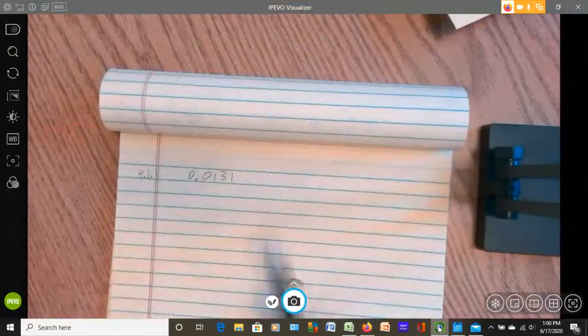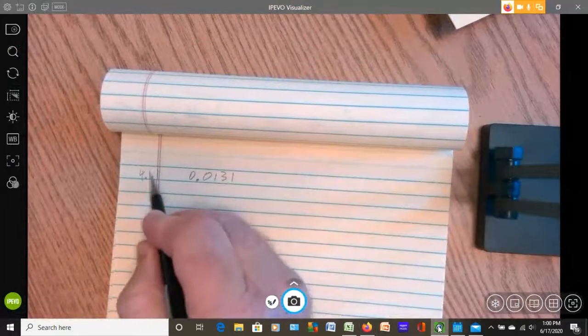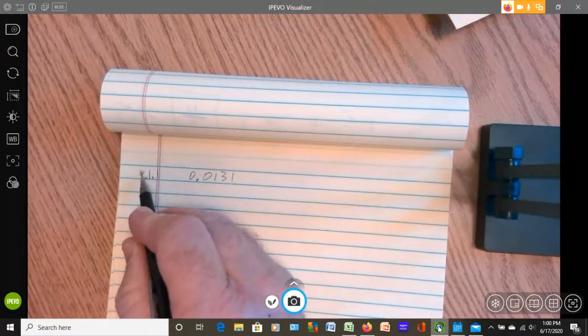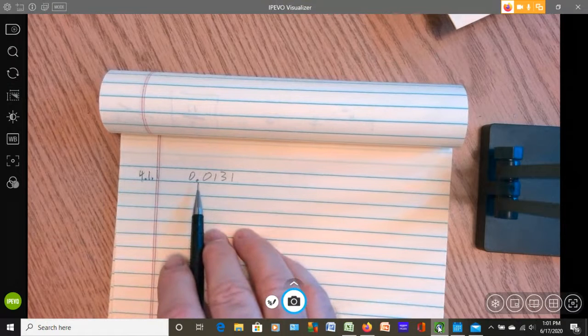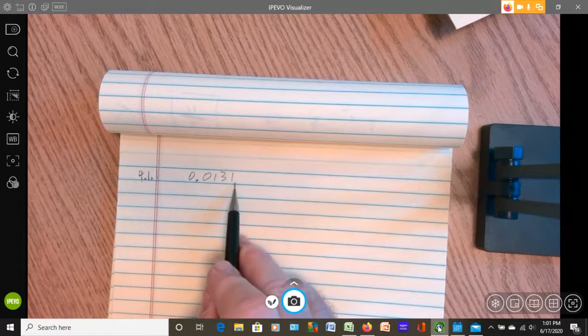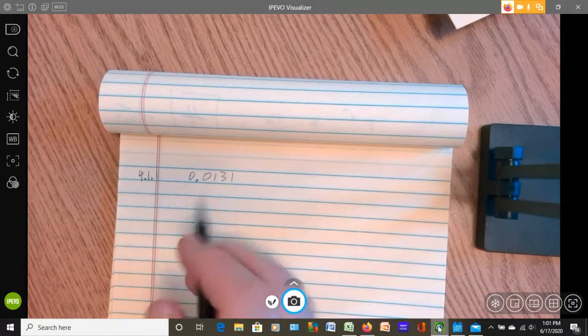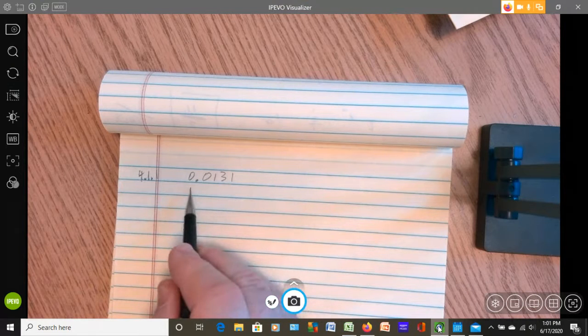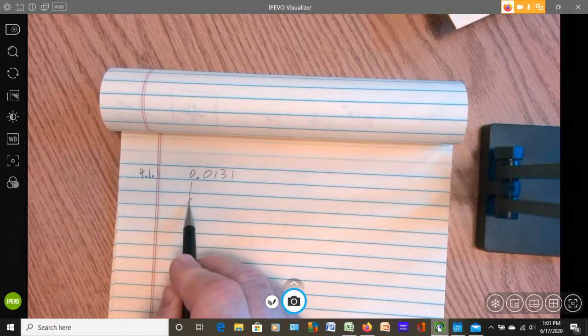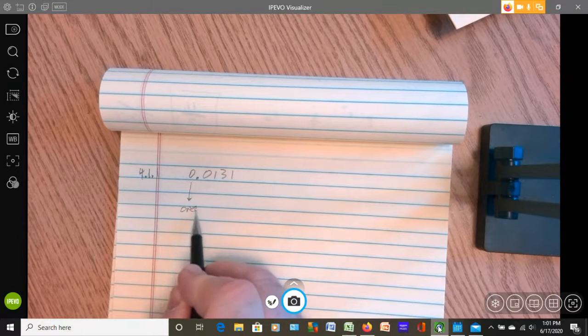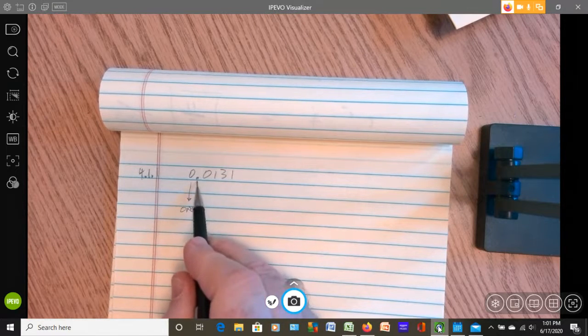So here we go. Please notice, here's the decimal point, and remember that period they had in the problem. That's just a period at the end of a sentence. Just ignore that. So let's name these place values. You ready? Okay, so that would be the ones. There's my decimal point.